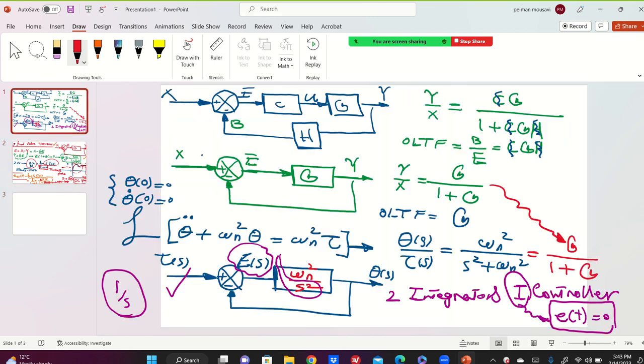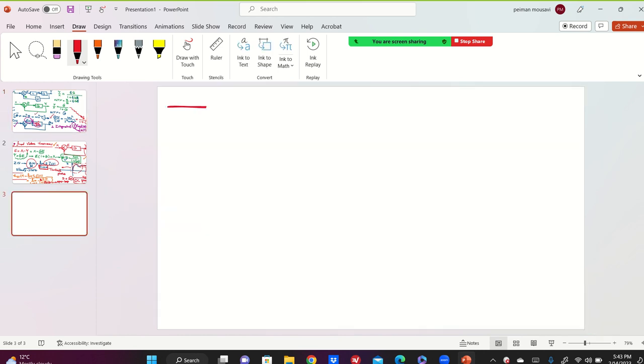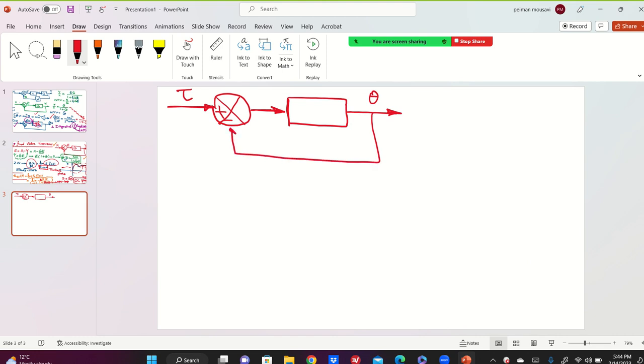So let's get back to our problem, to our example. Here we go. Okay? I'm plotting here. Be very sharp today because I'm going to examine you. Tau, theta. This is the open loop transfer function that we calculated, omega n squared over s squared.